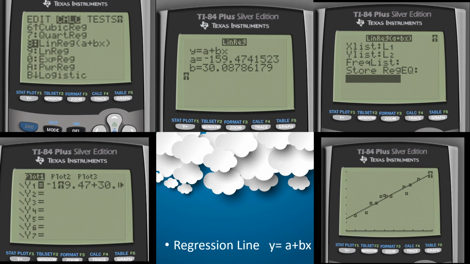Now we have included the regression line. So the line we get is the line of best fit. This is a representation for the whole data. It looks like some of the points are lying on it, and some are above and some lying below. And those points are close to this line, y equal to a plus bx, where a is negative 159.47, b is 30.09.